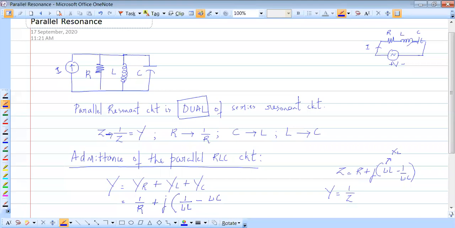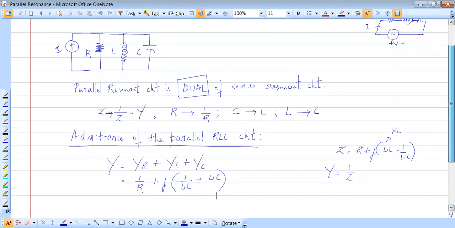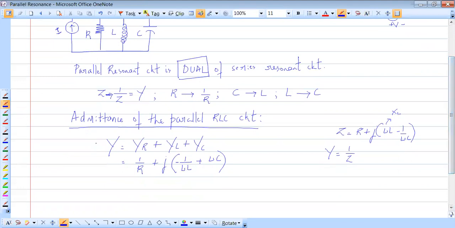Now, this would be plus and this would be minus, because we're looking at the inverse of all this. How is this going to look like? See here, you have admittance equal to 1 by R, plus j omega C minus 1 by omega L.